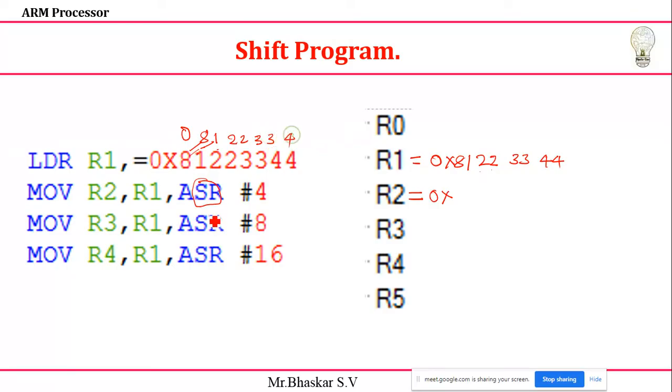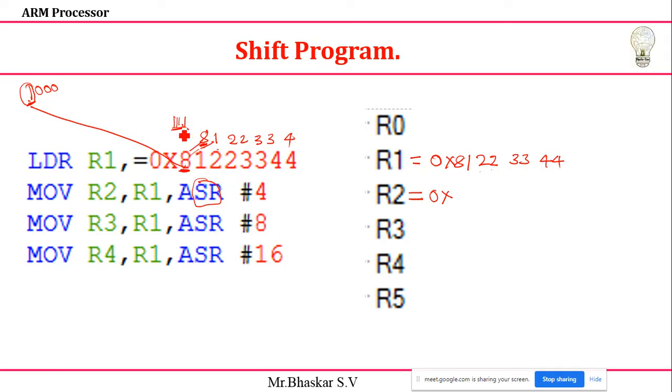But arithmetic shift right means I need to check this bit, sorry, MSB bit. It is 8. 8 is nothing but 1 0 0 0. A 1 is there, right? If 1 is there, the padding takes place with 1 1 only. So this value completely is 1 1 1 1.